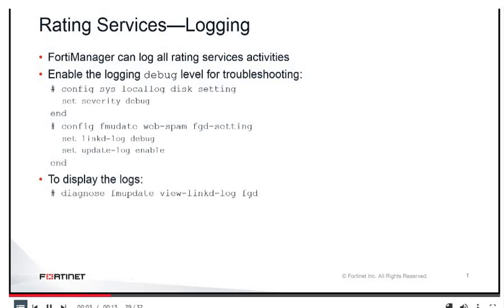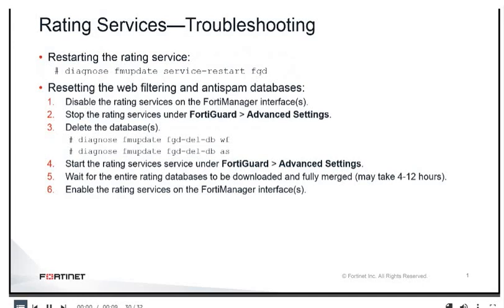FortiManager can log rating services events in the same way that it logs update services events. For troubleshooting, it is recommended that you enable the debug level first. You can use the steps shown on this slide to reinitialize the web filtering and anti-spam databases and services.